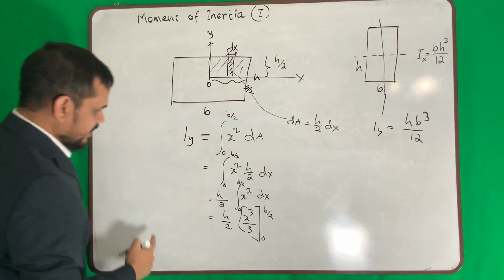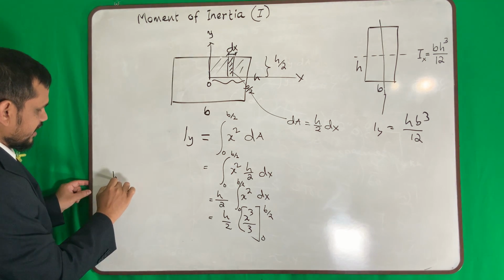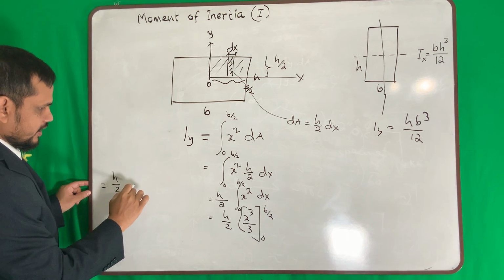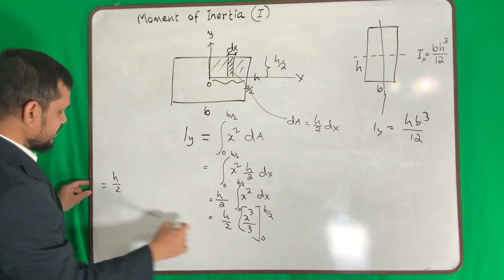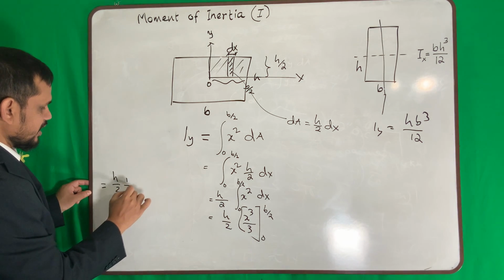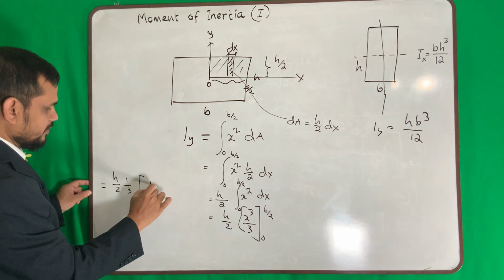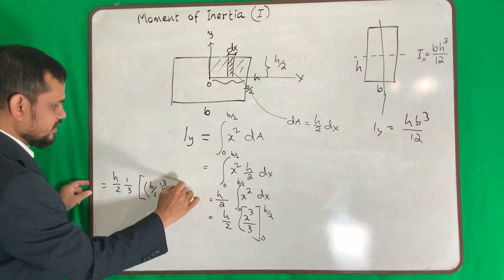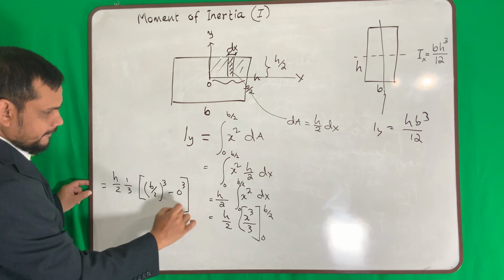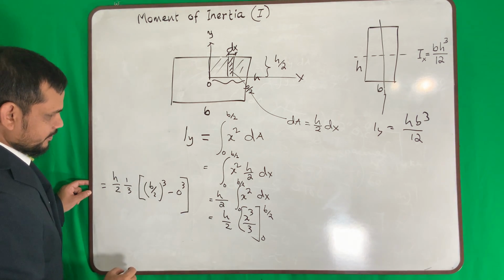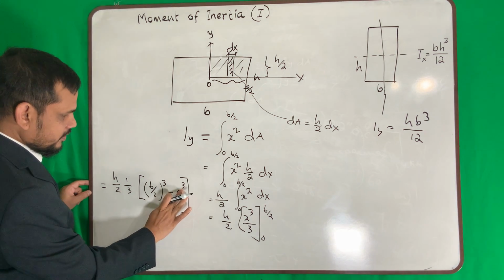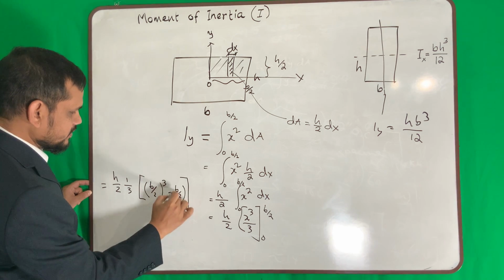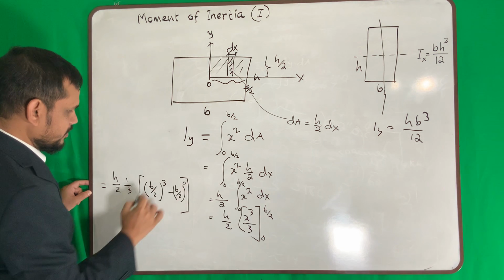So if I simplify here, I will get h by 2, then let us bring the 3 out also, then b by 2 cube minus 0 cube.